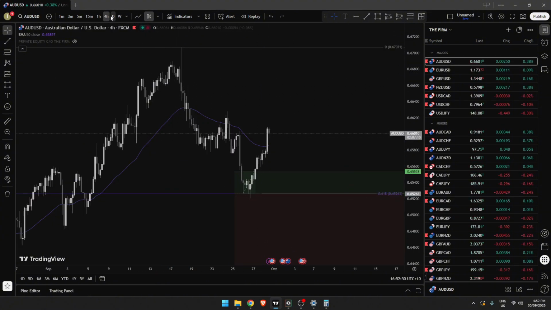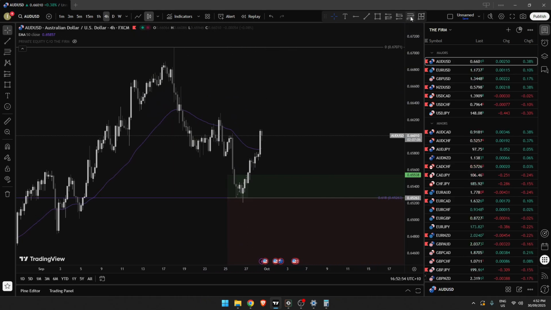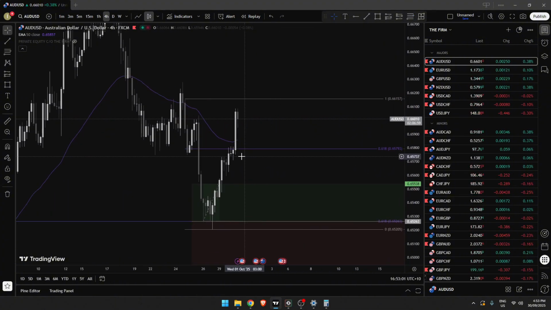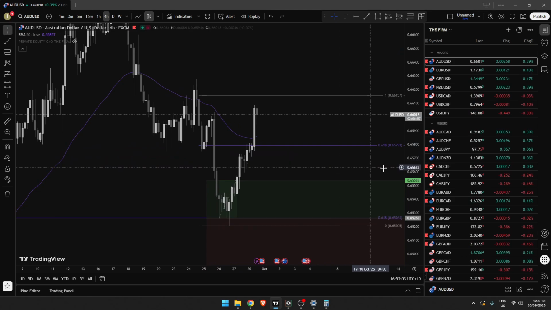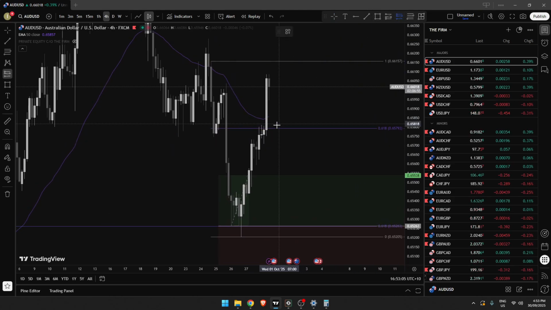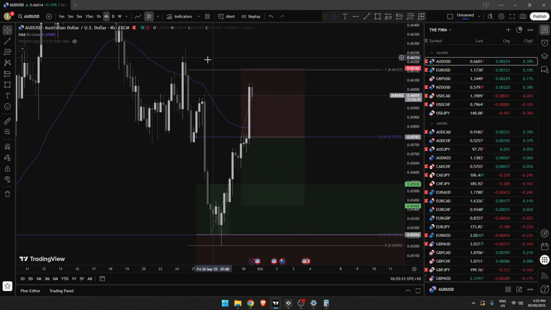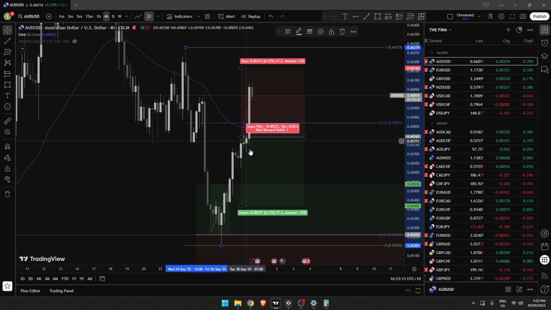And yep, AUD USD is reacting nicely, and we could have done a similar setup as well to EURUSD, which did, I reckon, let's see, I preferred the EURUSD as it had a lot more room to the downside. That's why I had my limit set on that one actually.